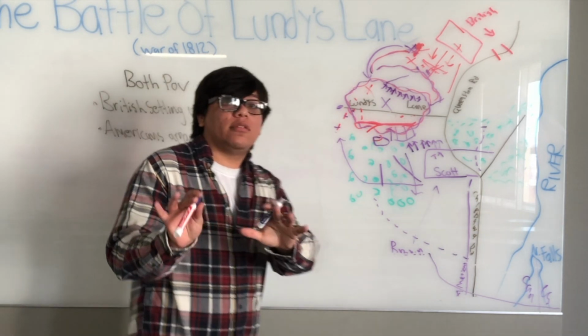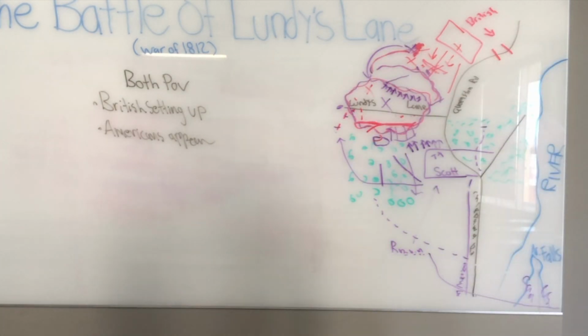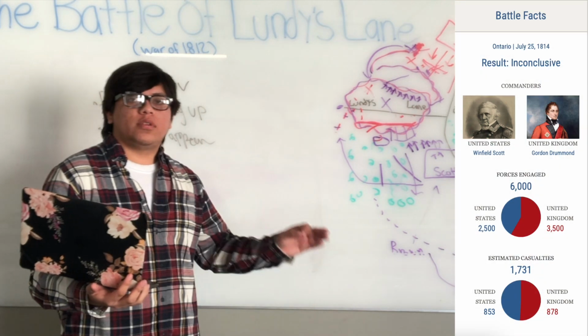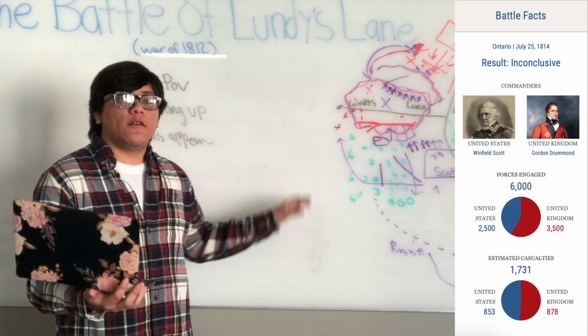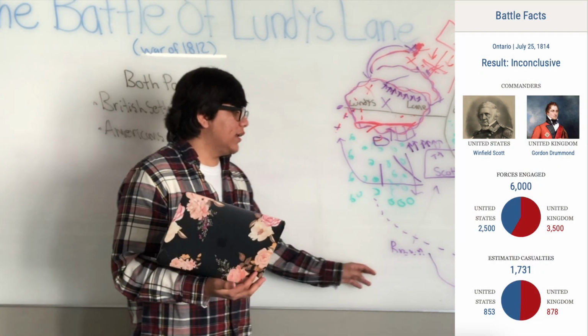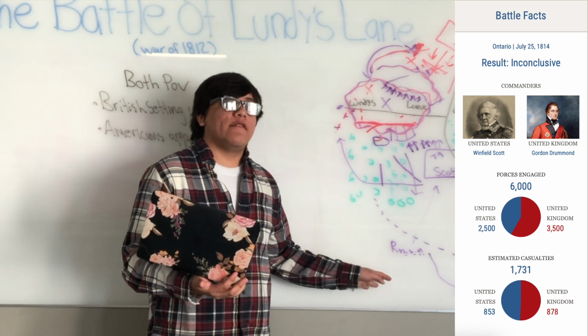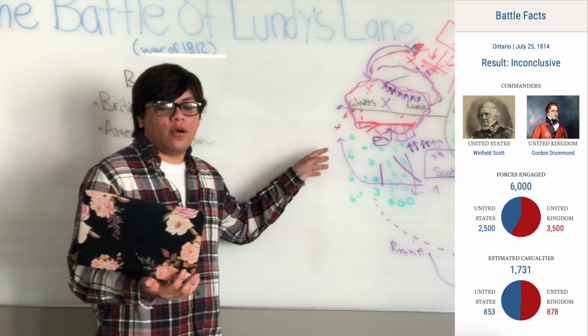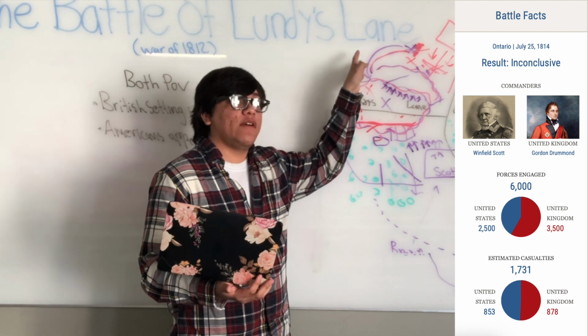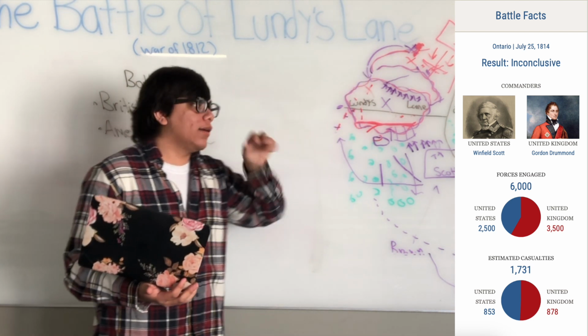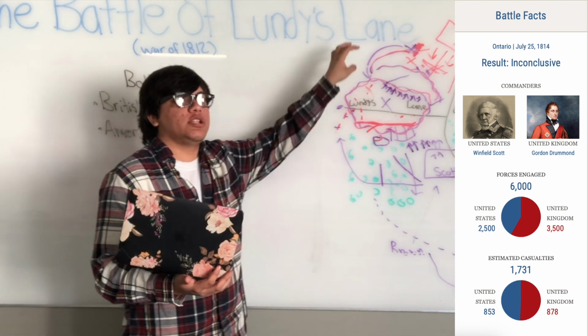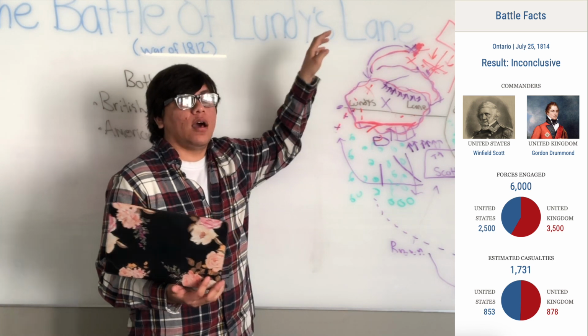And so let me tell you the casualties too. To give you the amount of people that were involved here, the United States had roughly 2,500 soldiers throughout this entire battle, while the British had 3,500 soldiers. And the Americans had more supplies. The British technically didn't have a lot.